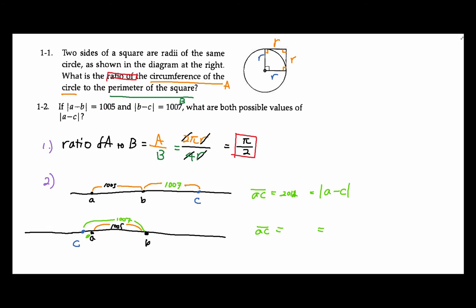Let me write it for you. You get 2, and that's equal to A minus C within the absolute value. And here is how I got 2012: by adding them. You get 2012.